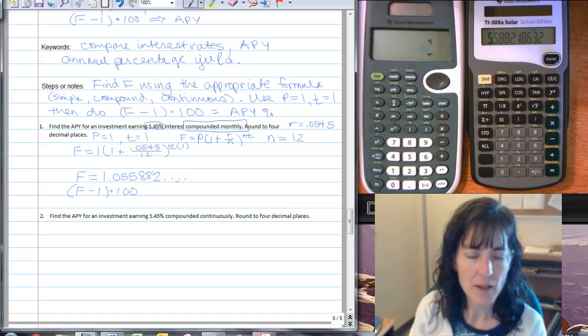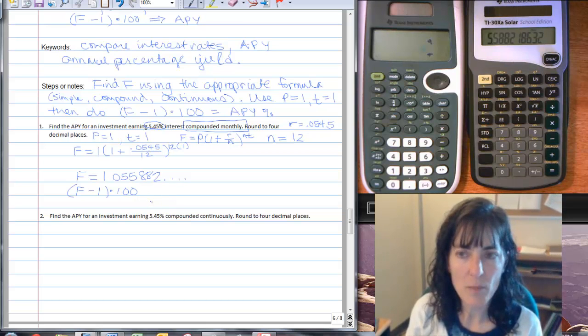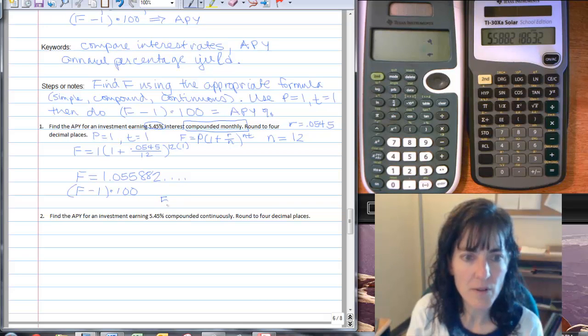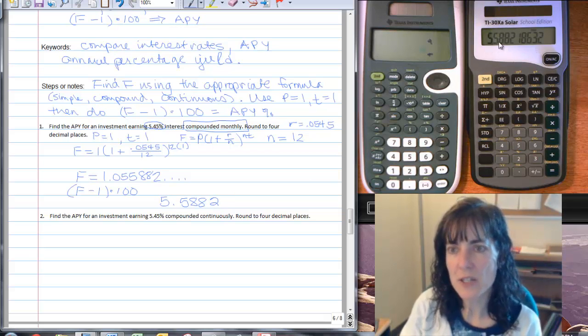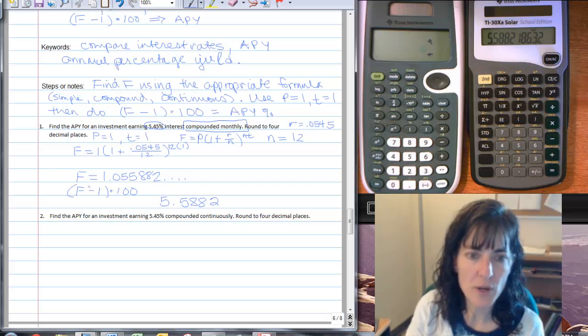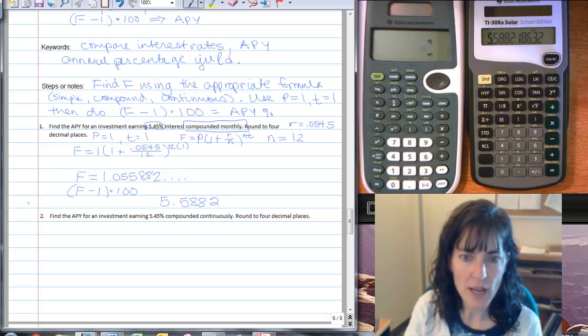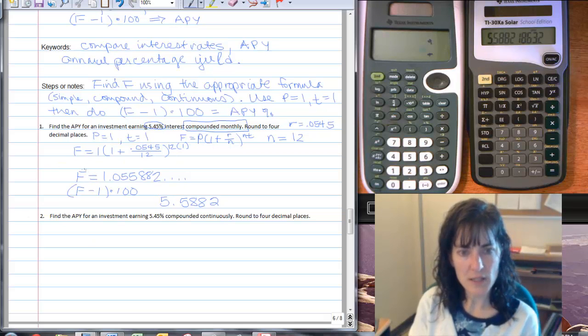And my APY for this problem is 5.5882, and the next digits, I needed 4 digits, so 1, 2, 3, 4, and the next digit is a 1, so that's going to remain a 2, and I'll just show it as percent. There we go. And we'll call it APY.